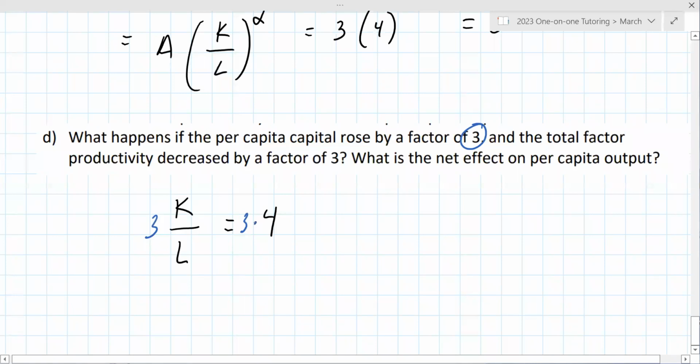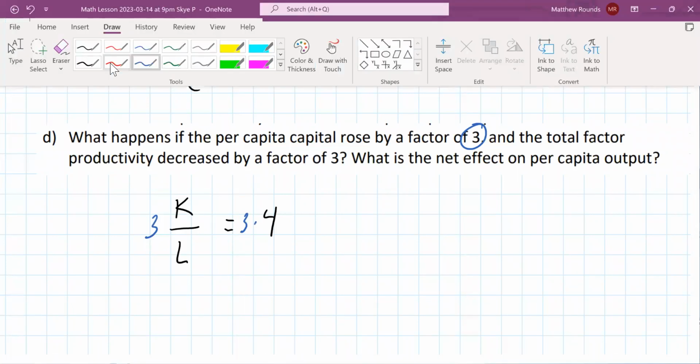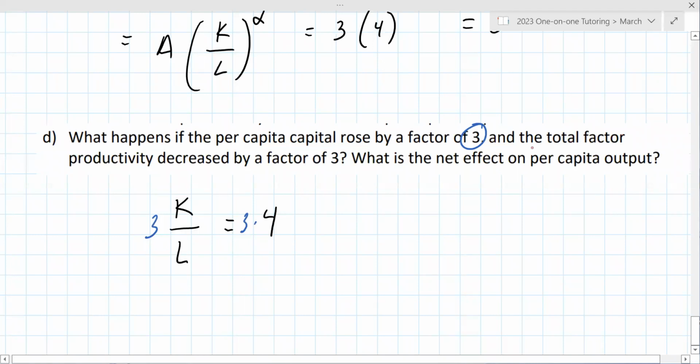Now the next thing here is that the total factor productivity decreased by a factor of 3. The fact that it's a factor means that you're dividing. So A was 3, and now that's 1.